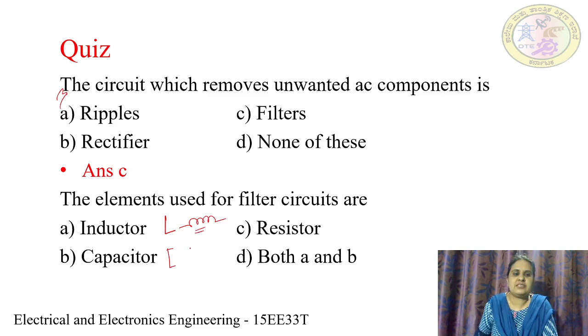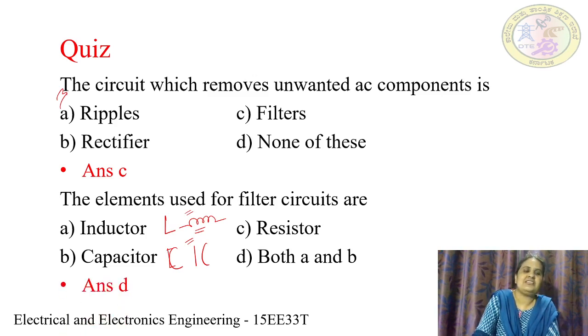We are using the C capacitance as the filter element. Inductance allows DC, blocks AC; capacitance allows AC, blocks DC. So what may be our answer? Think over that. I think you got the answer. The answer is D, both A and B.